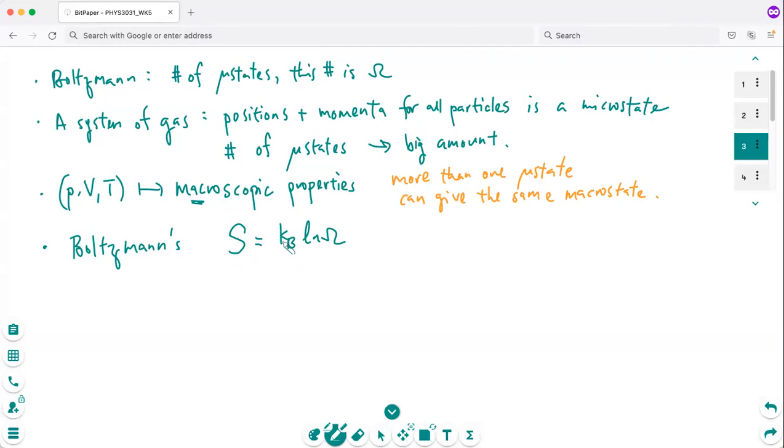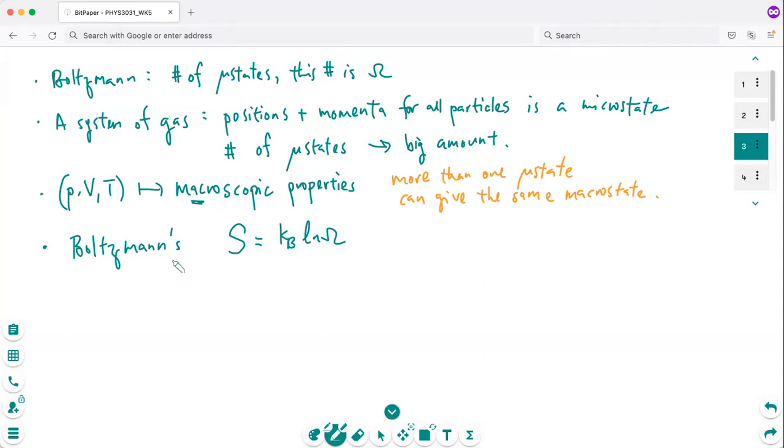And if you fix a scale and choose the right unit, there will be a proportionality constant that links these two. This is the amount of information, and this is what we call the entropy. And this constant is called the Boltzmann constant.